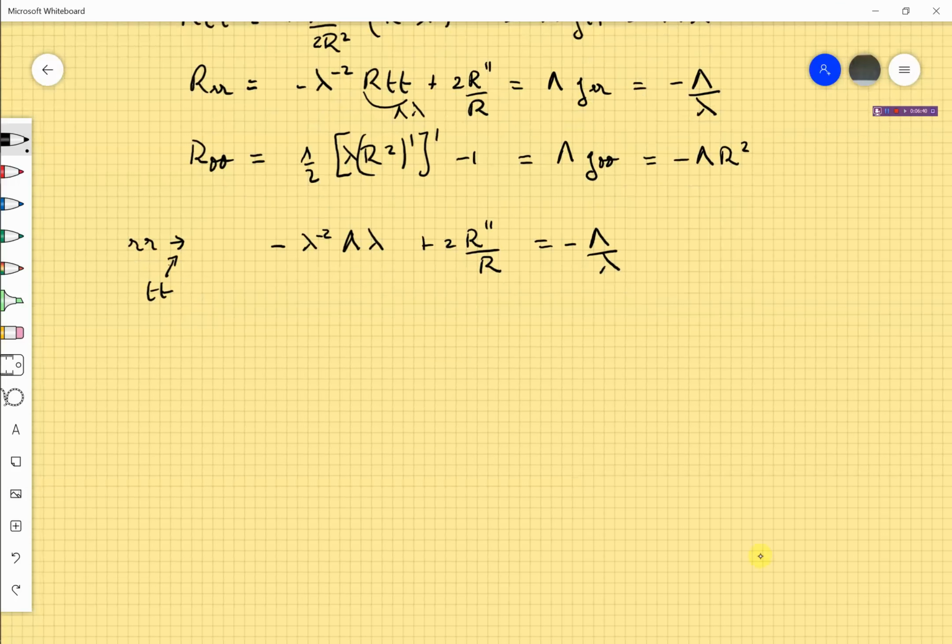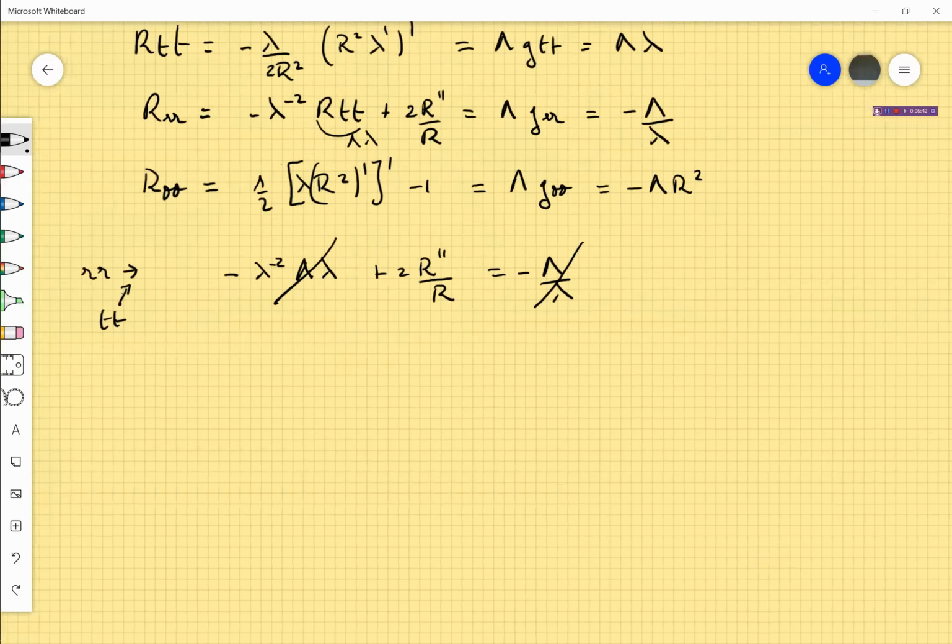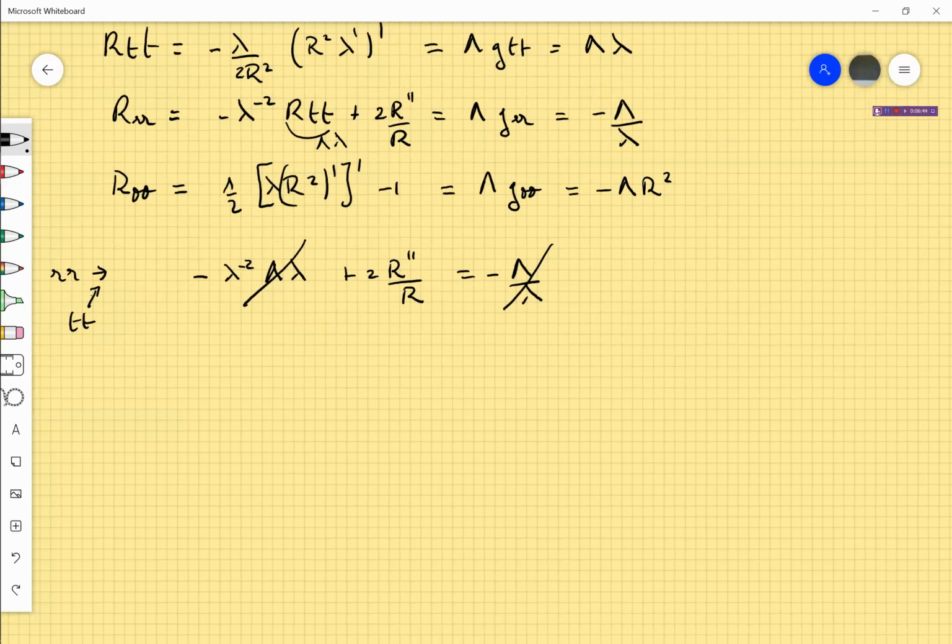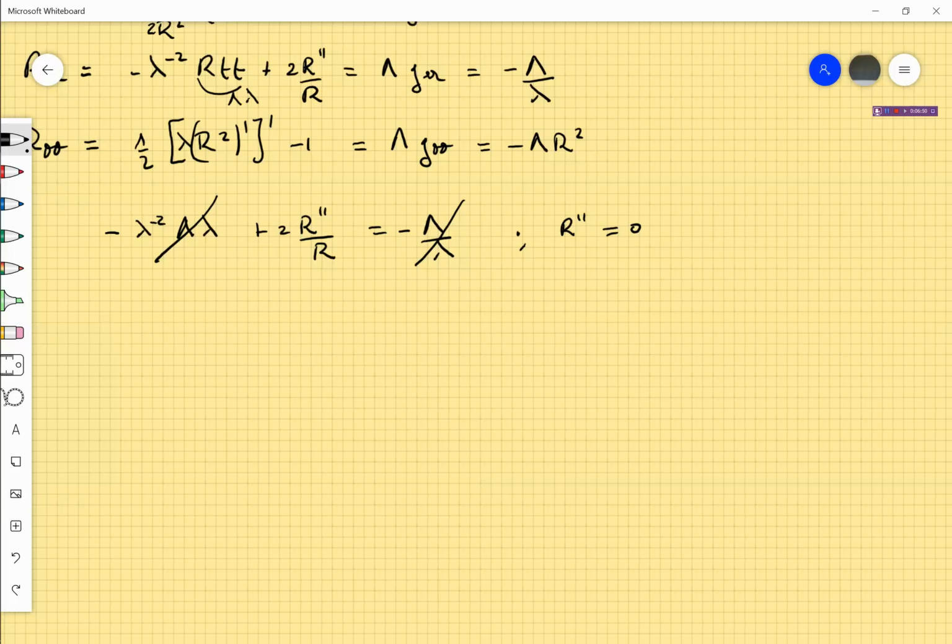You see that these two terms cancel, and this implies that r double prime is 0, and we can integrate it immediately and write it in this form.